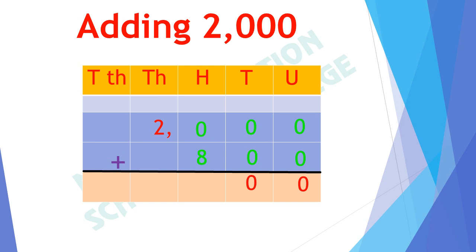It means we will get the same digit. In 8, if we add 0, we get 8. And in the thousand column, there is only 2. There is nothing to add. We will write it as it is. If we add 2000 and 800, we get 2800.